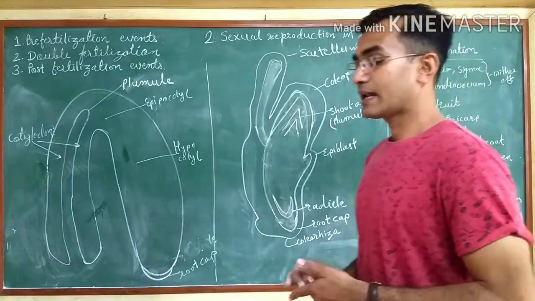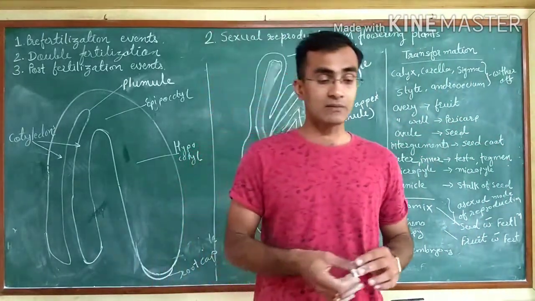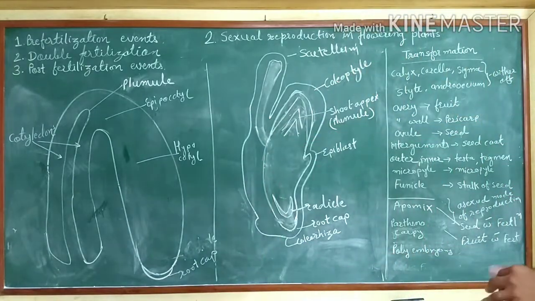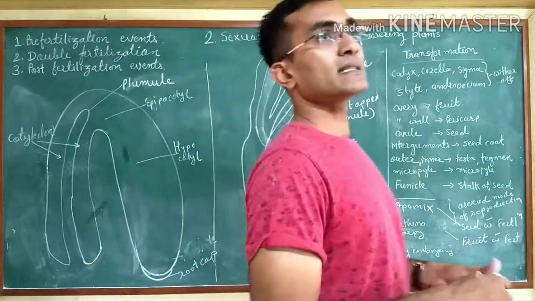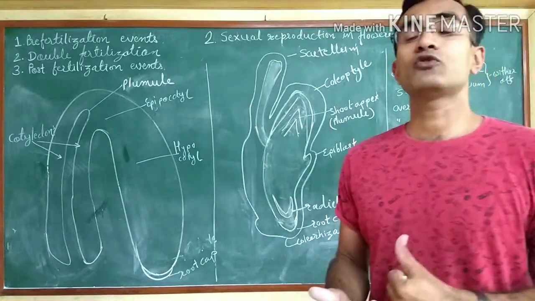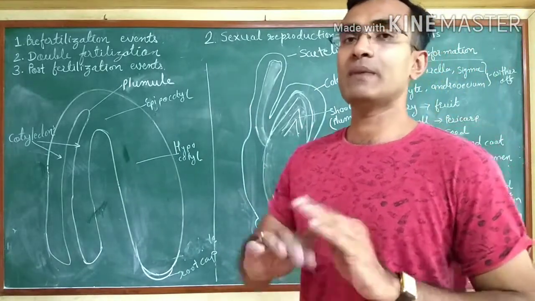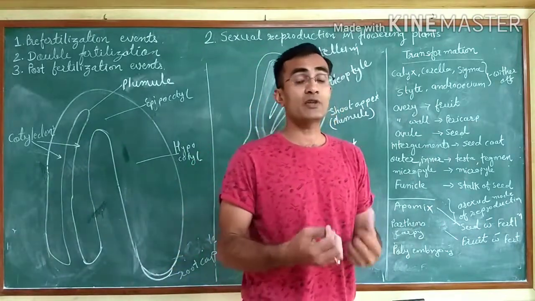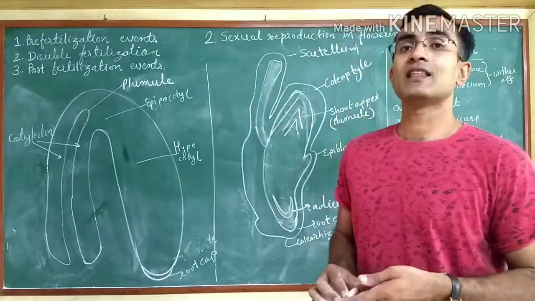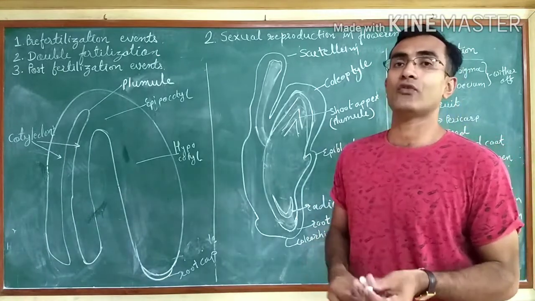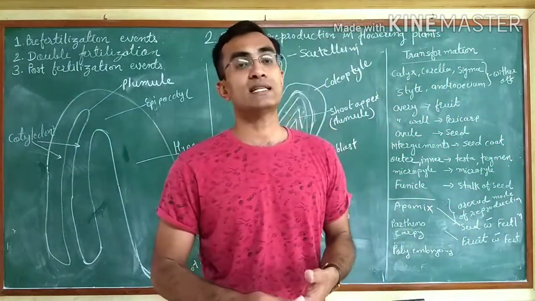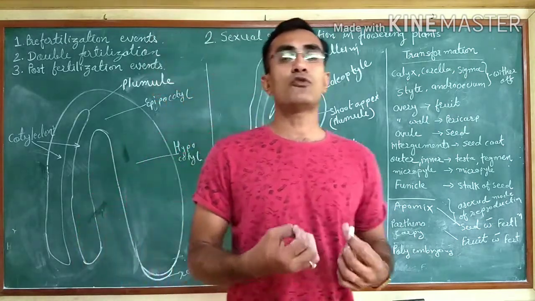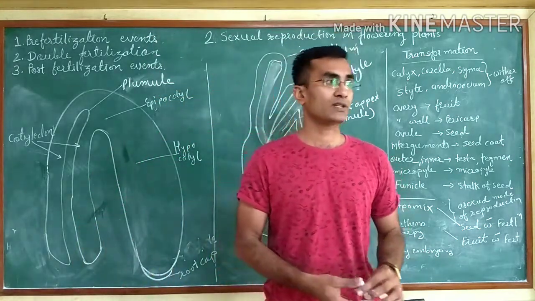Now there are important terms given in the NCERT, that is apomixis and parthenocarpy. In apomixis, the seed forms without fertilization. Okay, so just remember the term and how it is formed. Apomixis means the formation of seed without fertilization, whereas parthenocarpy is the formation of fruit without fertilization.